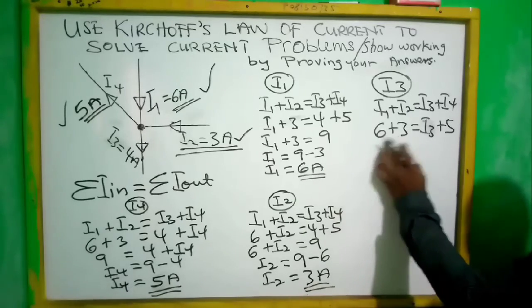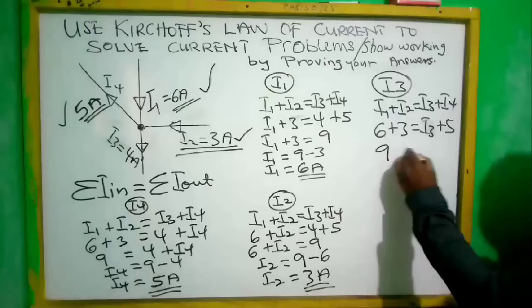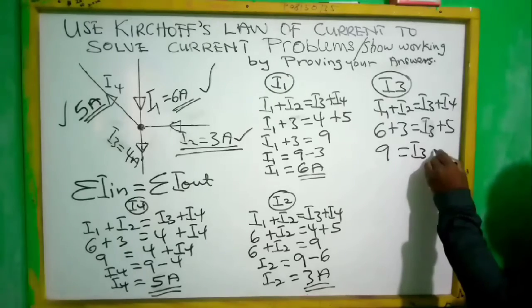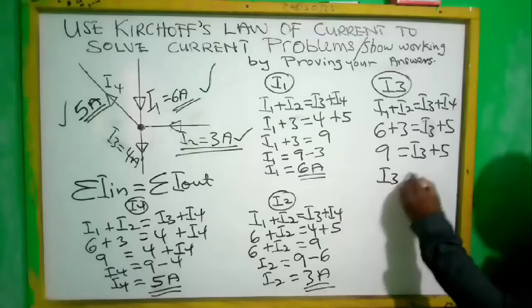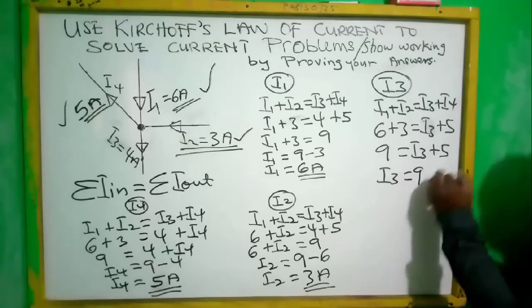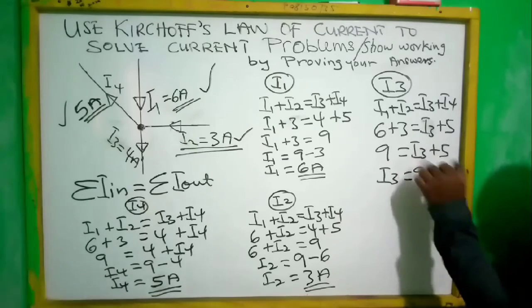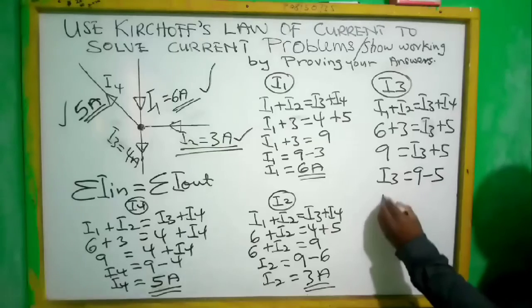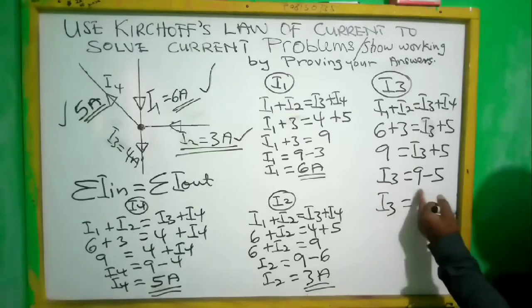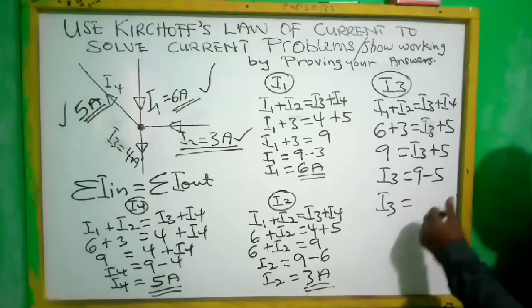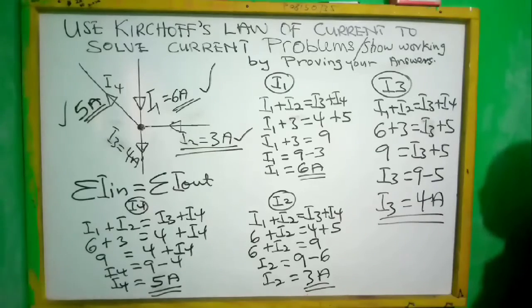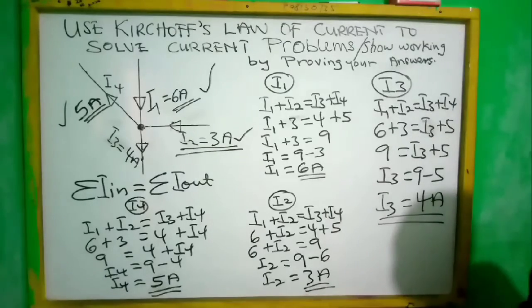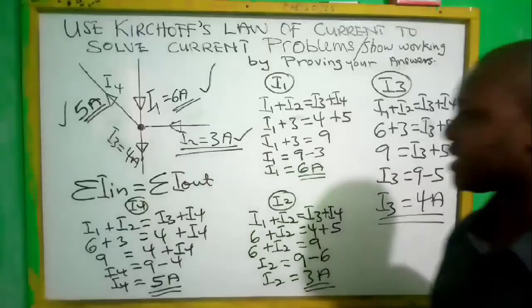So 6 plus 3 will give us 9. So 9 equals I3 plus 5. Once this 5 crosses the equal sign, it becomes minus 5. So I3 is 9 minus 5, which gives us 4 amps.